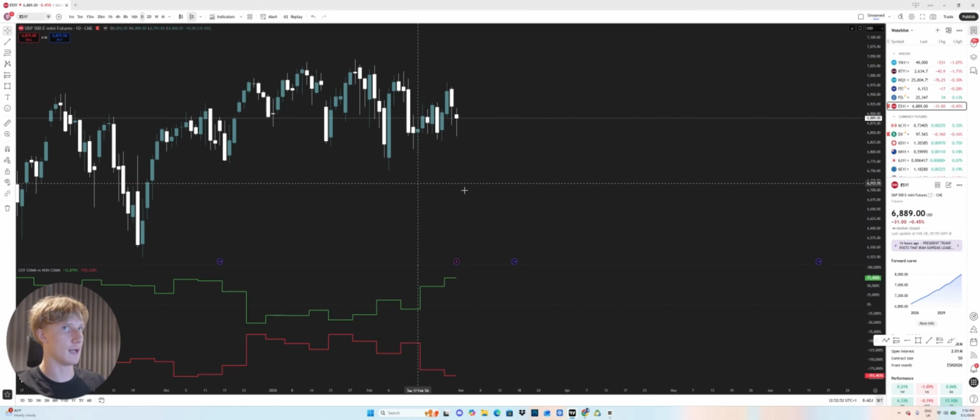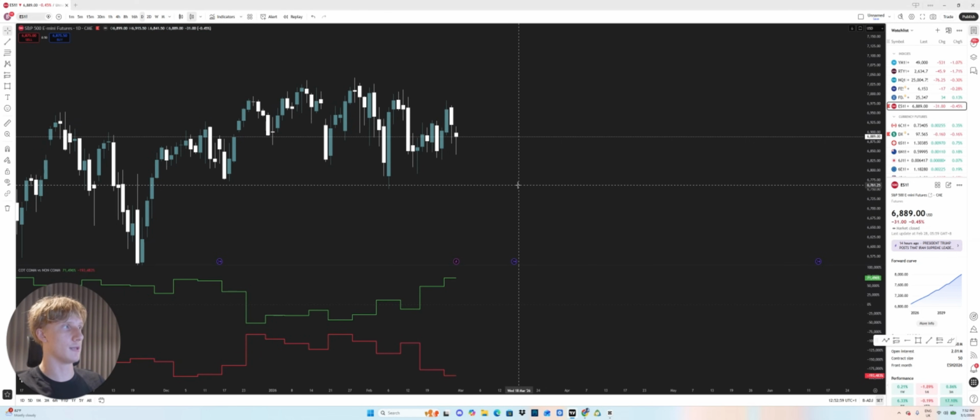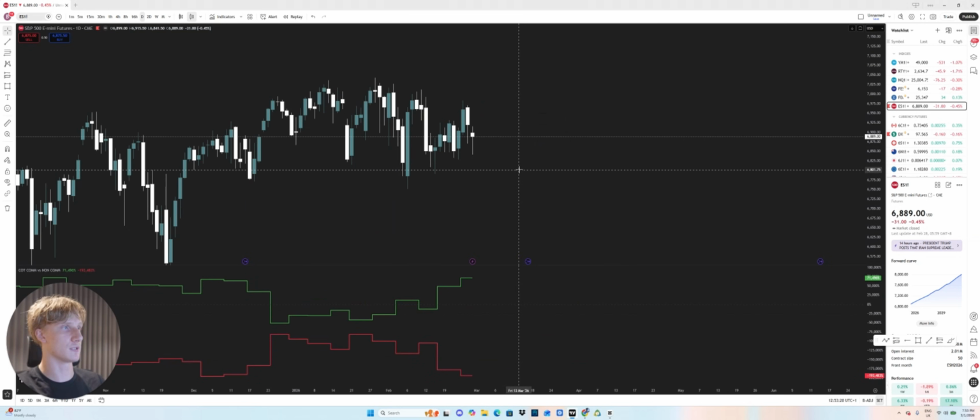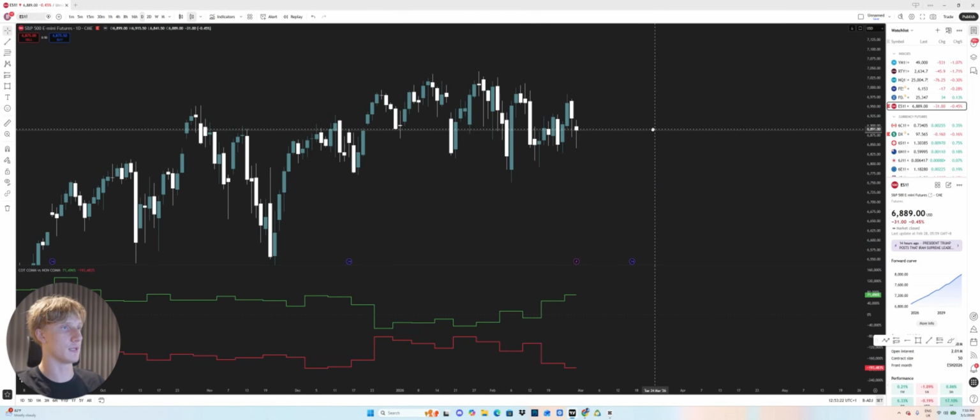In this case, the commercials, the big money, are betting that it's going to go up. And if we can find the technicals which align with that, so we can find a demand zone to take a trade off, then we have a really good trade. Our technicals have aligned, and also the fundamentals say that it's going to move higher. So that is a little insight into how we actually use this. But obviously, I'll give you more of an explanation.